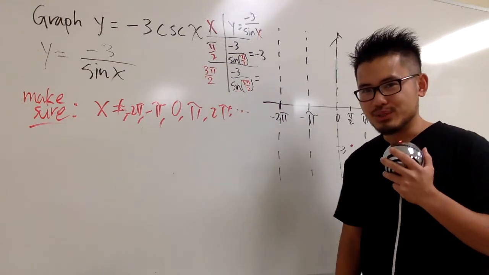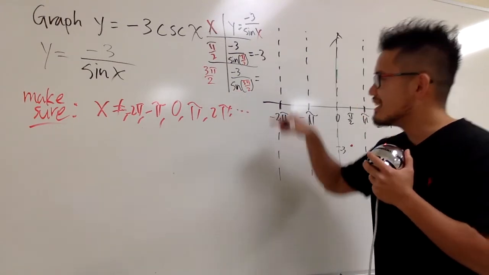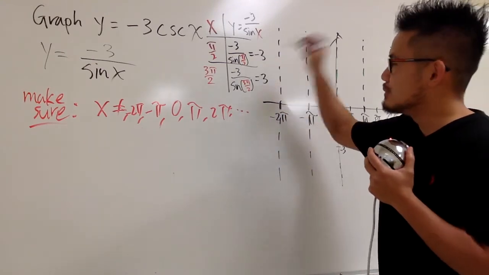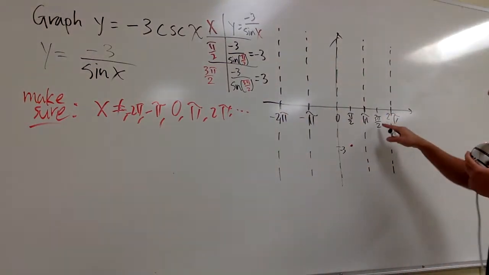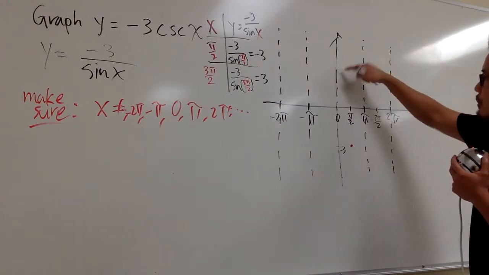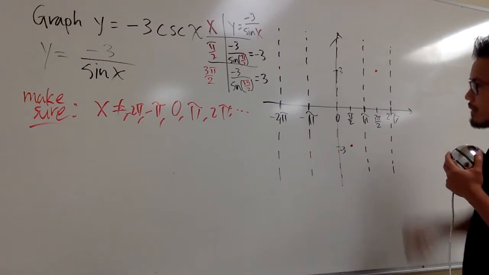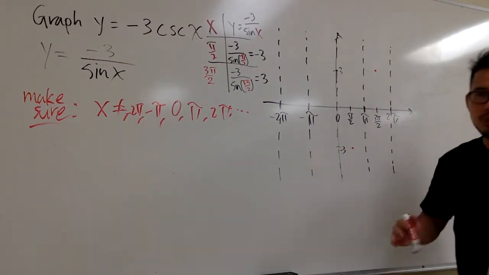Sine of 3 pi over 2 is what? It's negative 1. Negative 3 divided by negative 1 is positive 3. So that will tell us we go right here, and then we go up to positive 3, which we have this point here then, right? All right, with these 2 points, we are ready to graph.